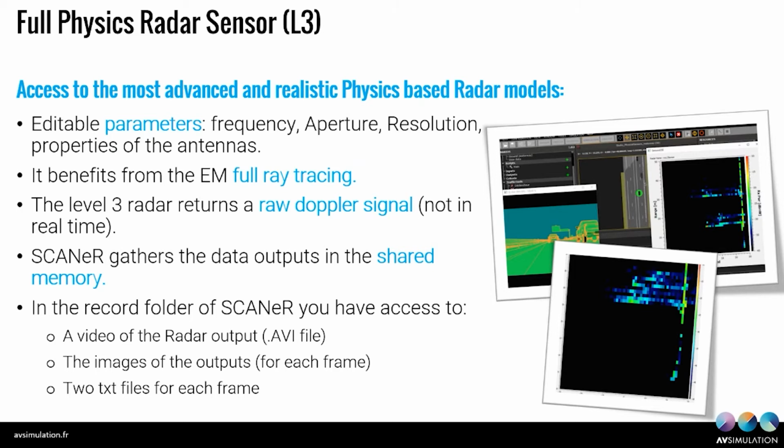But I would say the main benefit is that you really have the raw data, and you can afterwards interface your signal processing on this raw data to really see how your signal processing is done on the radar. All the outputs, so these different raw Doppler maps, will be shared in the shared memory of SCANeR Studio.